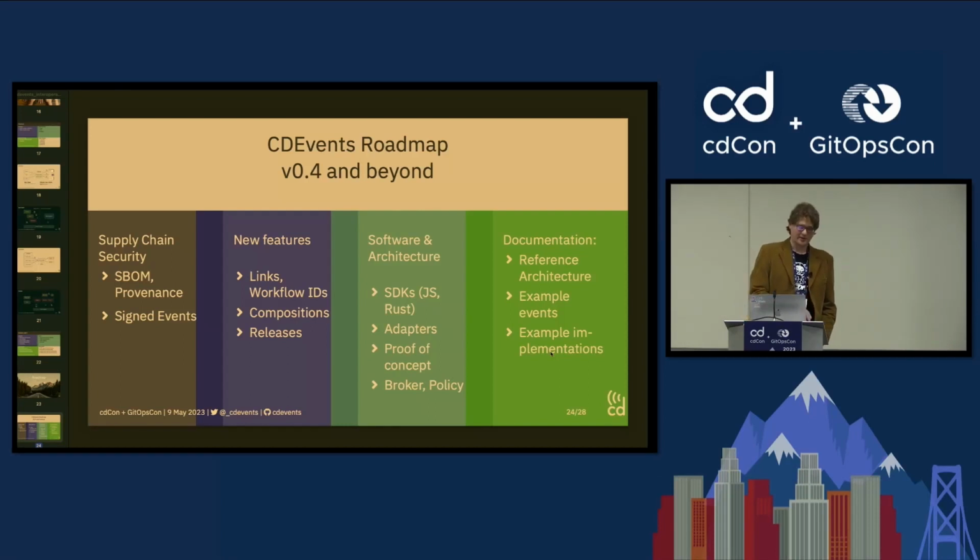Another feature that we started discussing is the ability of signing the events themselves, so that you can actually trust that the content of the event has not been tampered with. This becomes important if you start relying on these events to build features that are important for your execution workflow.